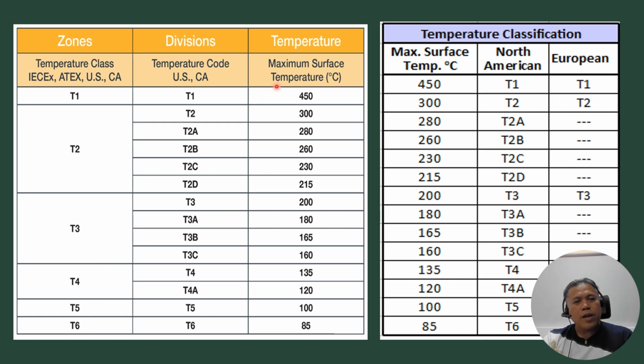So this is equivalent by the temperature. From T1, you have 450 degrees centigrade, up to T6, you have 85. So you should understand this temperature class, T1 to T6. This is the class and this is the surface temperature in degrees of your equipment.